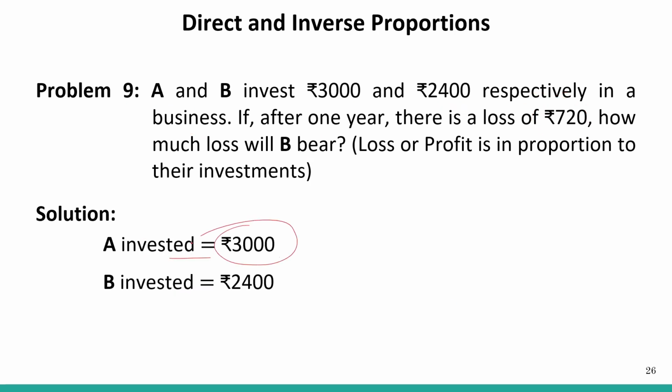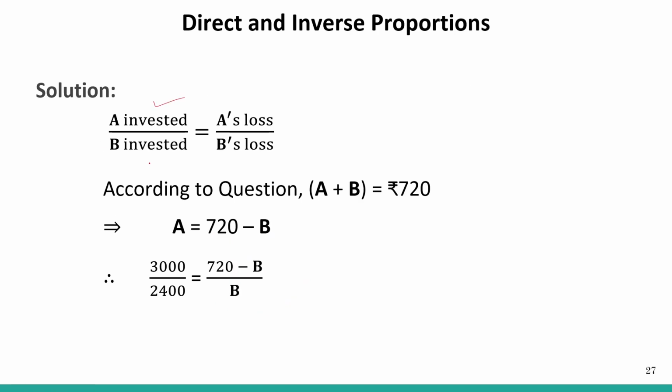So A invested how much? 3000. B invested 2400, right? So A's investment by B's investment is equal to A's loss by B's loss because they are proportionate. According to the question, A plus B is equal to 720. So A is equal to 720 minus B. So basically 3000 by 2400 is equal to (720 minus B) by B, right?